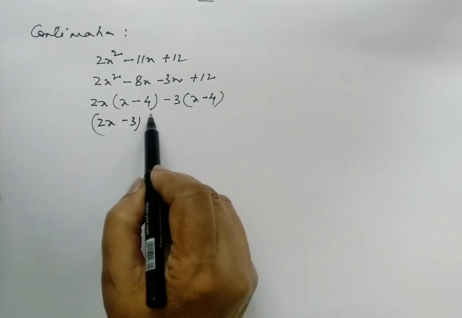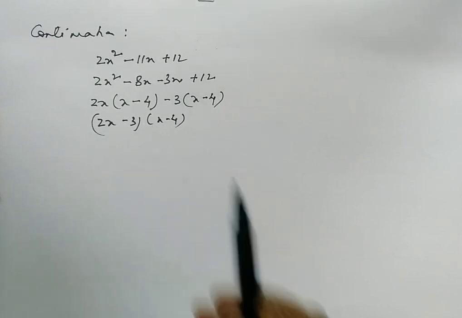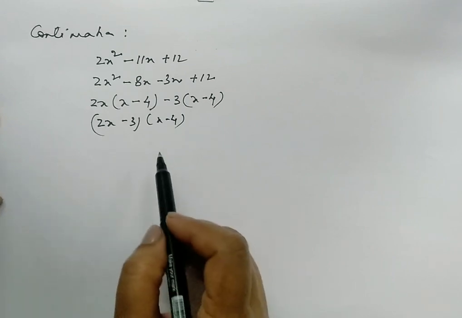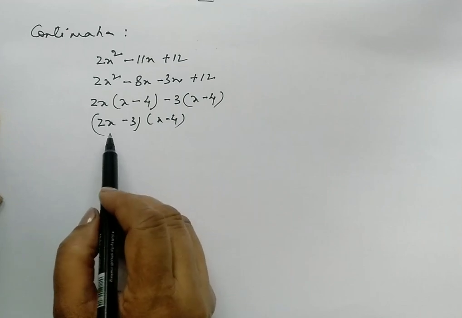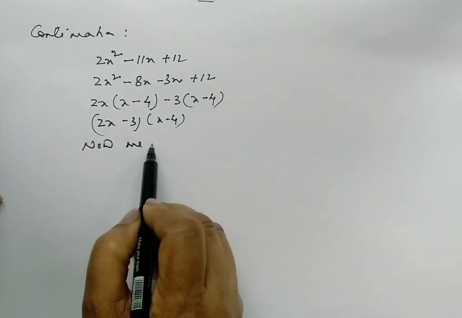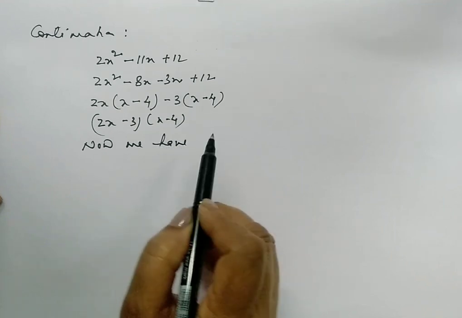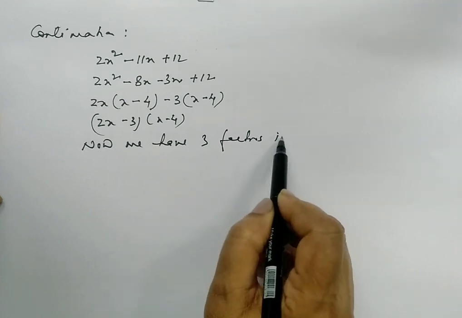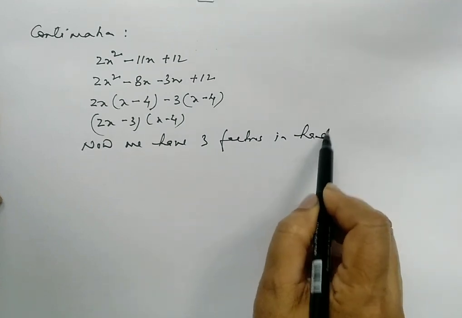here, okay, is this. So having got the three factors, okay, now we have 3 factors in hand, isn't it?